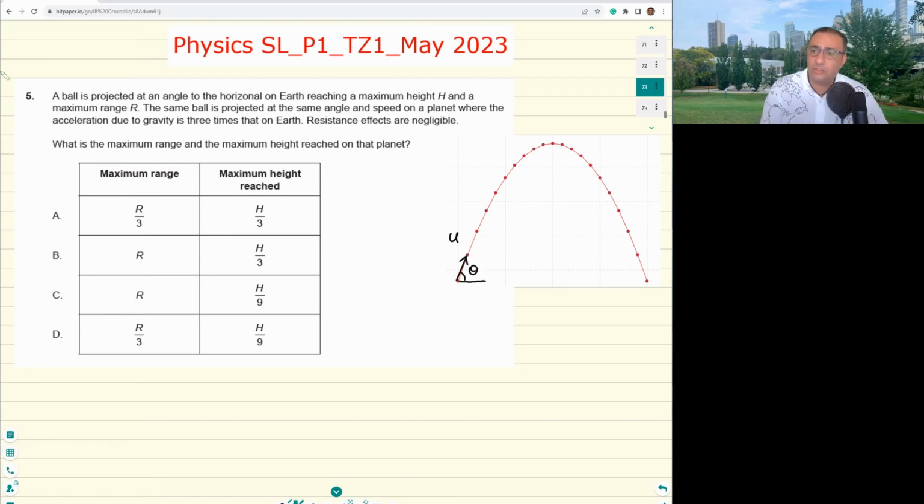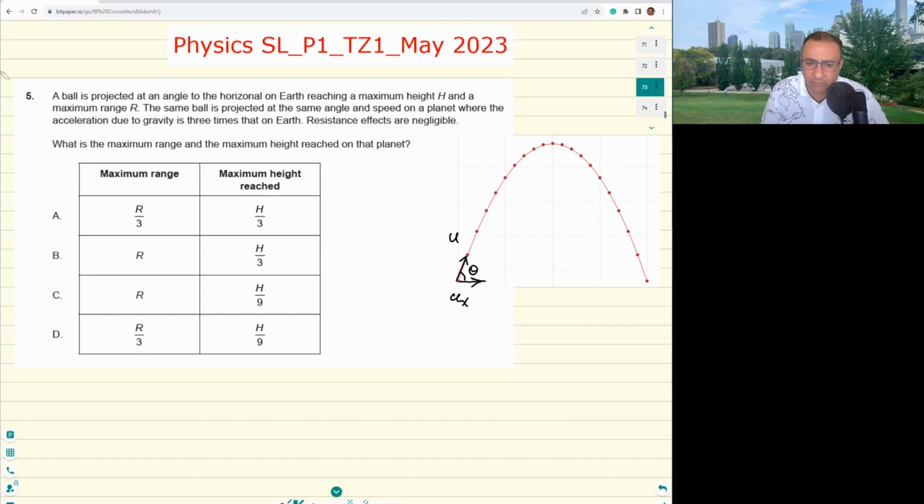In projectile motion, we always divide the kinematic equations into 2 directions, vertical and horizontal. So we have U as the initial velocity making an angle theta. What would you do?